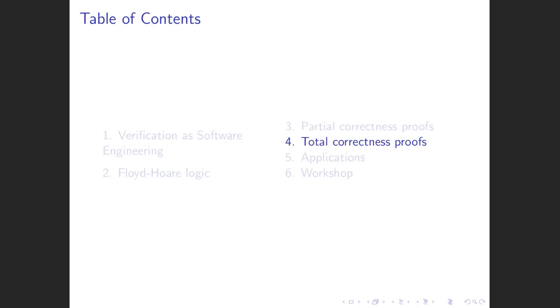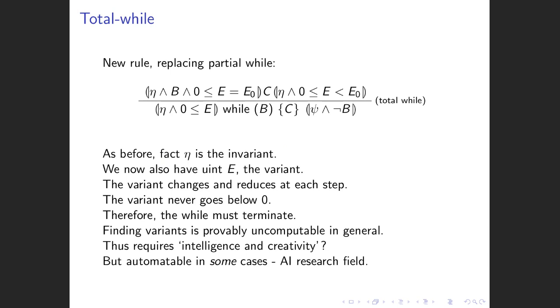That's partial correctness. When we go to total correctness, we need an extra bit because we have this problem of termination. And remember, proving whether a program halts or not is an uncomputable problem in general. But in many everyday cases, it's fine, and you can do it.